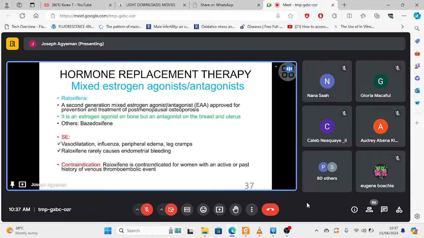But of course, being an estrogenic agent, it causes vasodilatation, which means it can cause flushing, it can cause hypotension and all those things. Of course, it doesn't cause endometrial bleeding because it is an antagonist around the uterus, a positive thing.